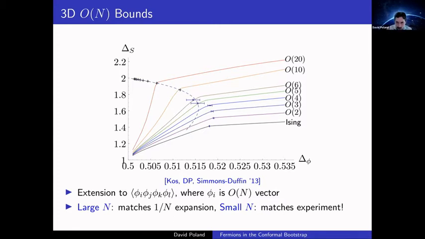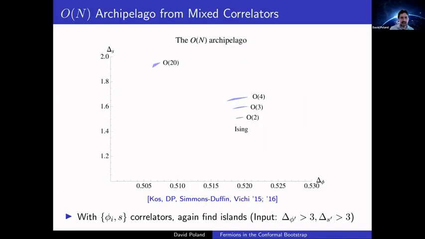The bootstrap seems to know about the O(N) vector models, and actually you can again isolate the bootstrap solutions by going to a larger system of correlation functions involving the leading O(N) vector and singlet operators. And here again, we play the same game that we played for the Ising model. We input that phi and s are the only relevant operators in their symmetry representations, and this leads to some closed islands.